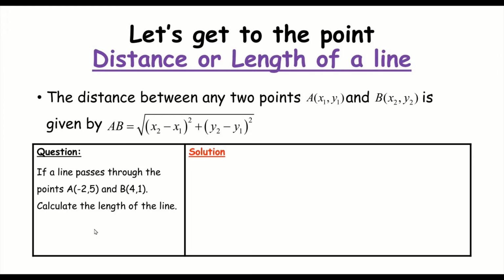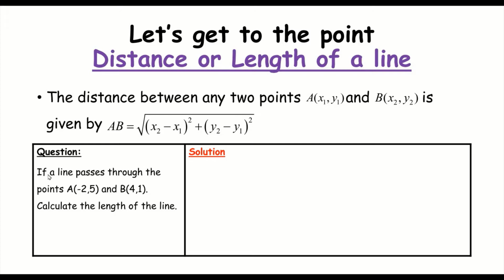Now, if we want to find the length of a straight line passing through any two points on the same line, then we can use the formula square root of (x2 minus x1) all squared plus (y2 minus y1) all squared. The order doesn't matter. If you put x1 before x2 or x2 before x1, it's still not going to change the answer because everything is going to come out squared. And the same for y1 and y2.